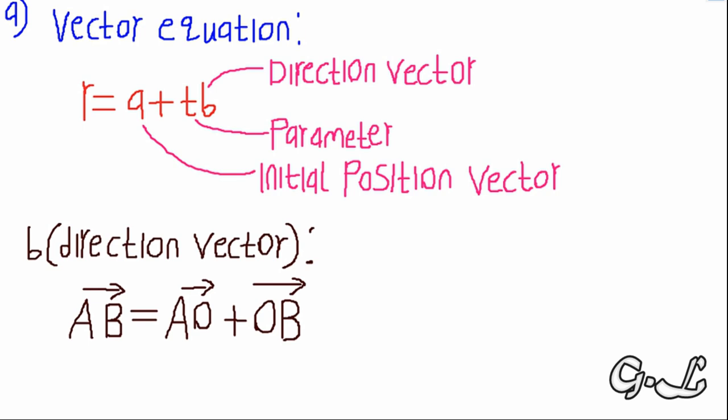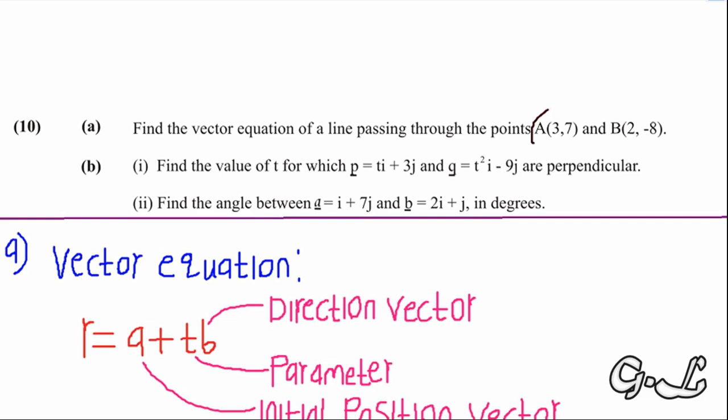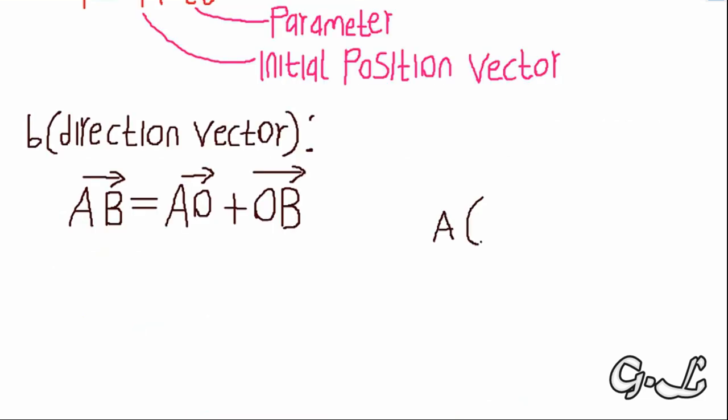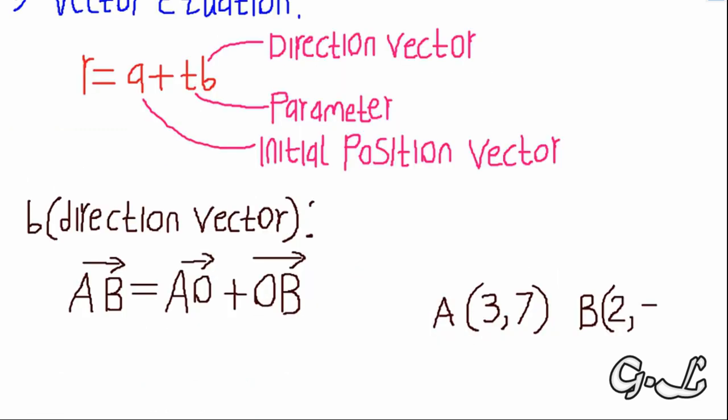So now, how are we going to deal with these? We're given 2 points. We're given that the coordinates of A are 3, 7, and the coordinates of B are 2, -8.